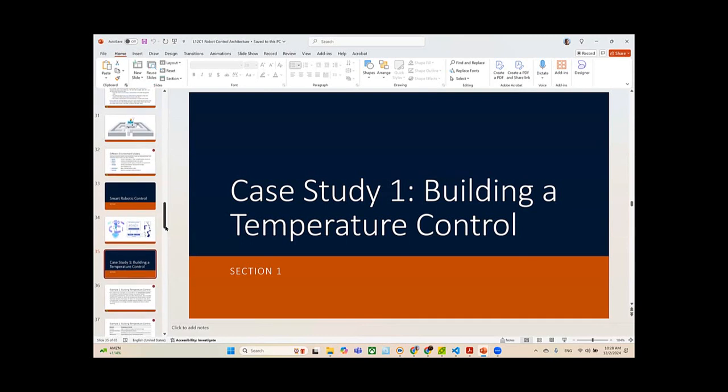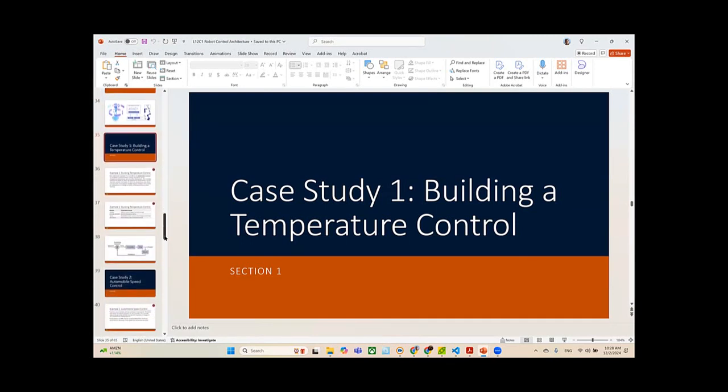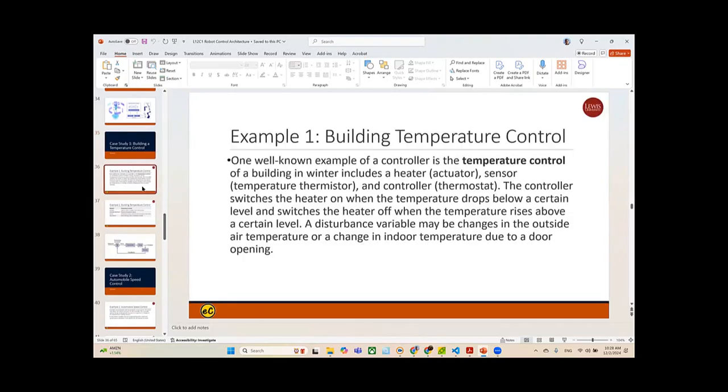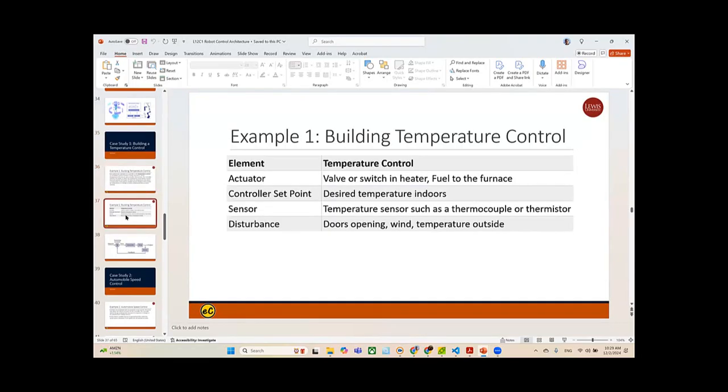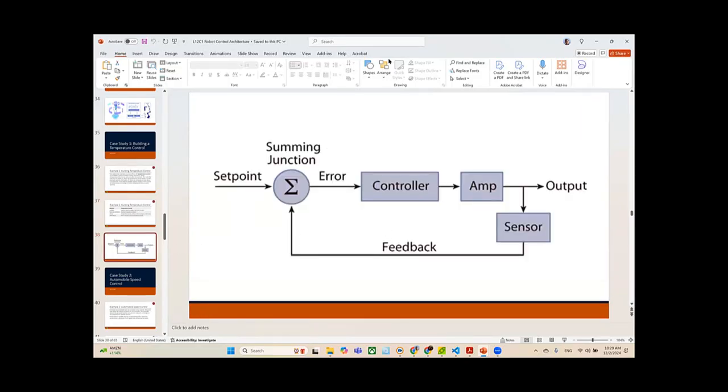Case number one, let's look at one design for the system architecture. We want to develop a temperature control. Before you develop it, you build up the system model. You have the output temperature, and you use a sensor to sense the temperature and compare it with your set point. For example, in the summer you set it to be 69, in the winter you set it to be 75, whatever.